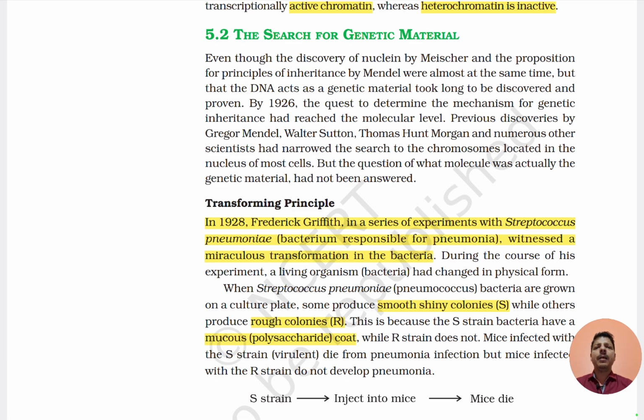Many scientists came, and the discovery of nuclein by Friedrich Miescher and the proposition of the principles of inheritance by Mendel were almost at the same time, but DNA as genetic material took long to be discovered and proven, until 1926. The mechanism for genetic inheritance had reached the molecular level, and previous discoveries by Gregor Mendel, Walter Sutton, Thomas Hunt Morgan, and numerous other scientists had narrowed the search to the chromosomes located in the nucleus of most cells, but the question of what molecule was actually the genetic material had not been answered.